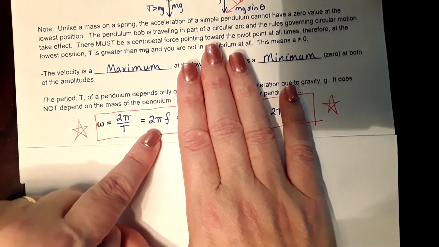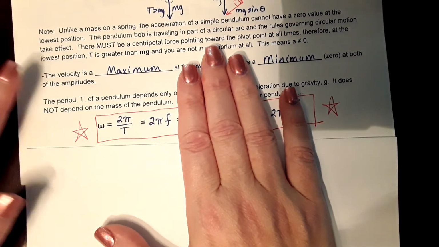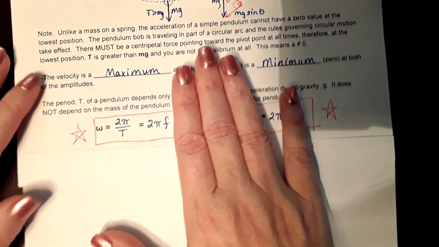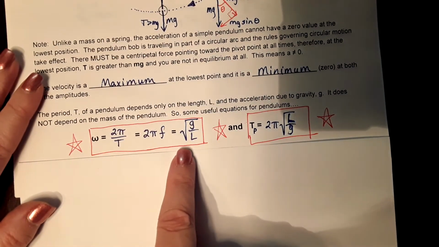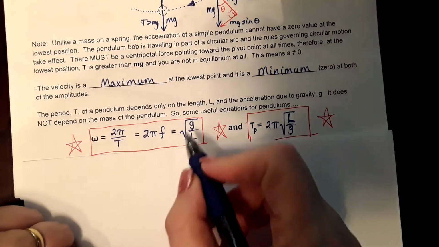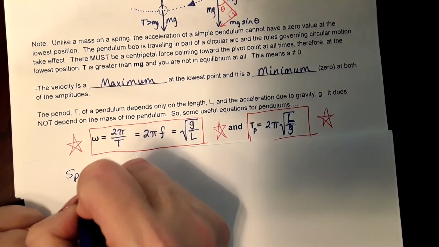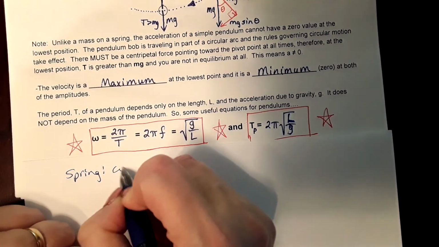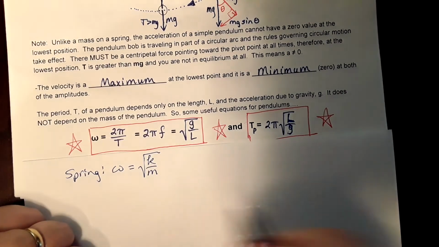They work for a mass on a spring, but they also work for a pendulum. In fact, for a pendulum, the angular frequency is also equivalent to the square root of g over L, just like for a mass on a spring, omega was equivalent to the square root of k over m.